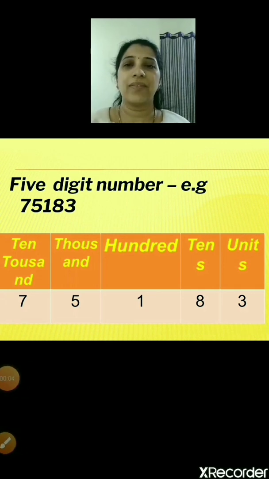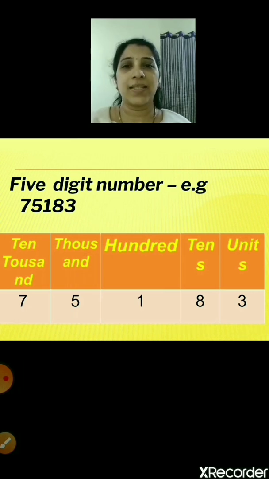After that, we saw the 5 digit number. Here I have taken the example of 75183. When you arrange these digits from right to left, how will you arrange it? 3 in the units place, 8 in the tens place, 1 in the hundreds place, 5 in the thousands place, and 7 in the 10,000s place.